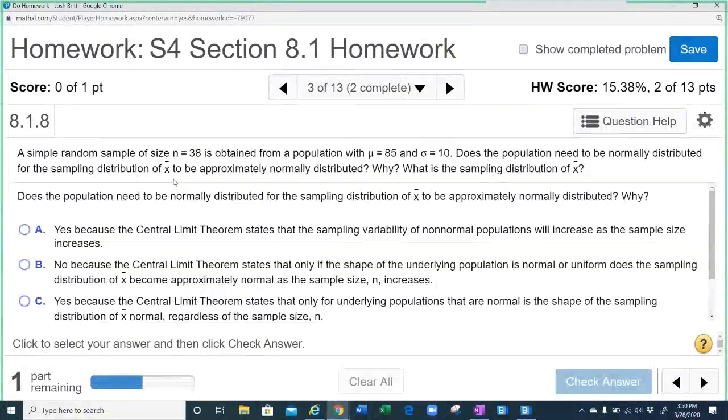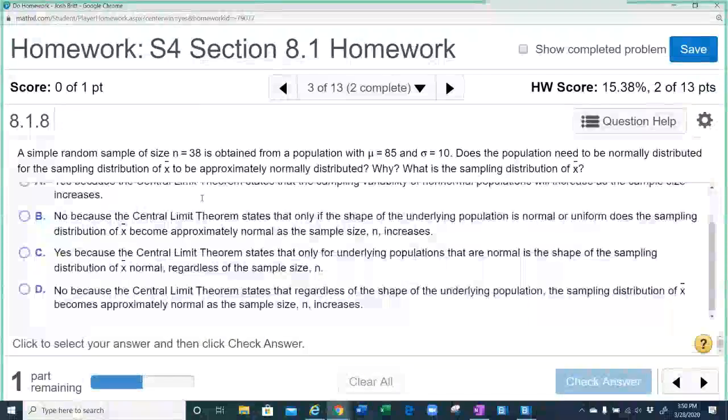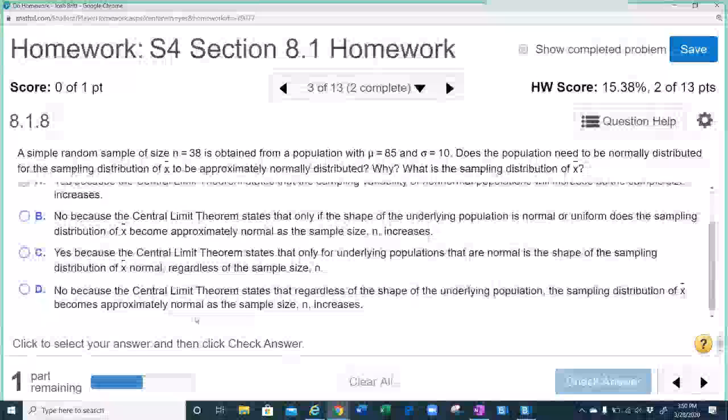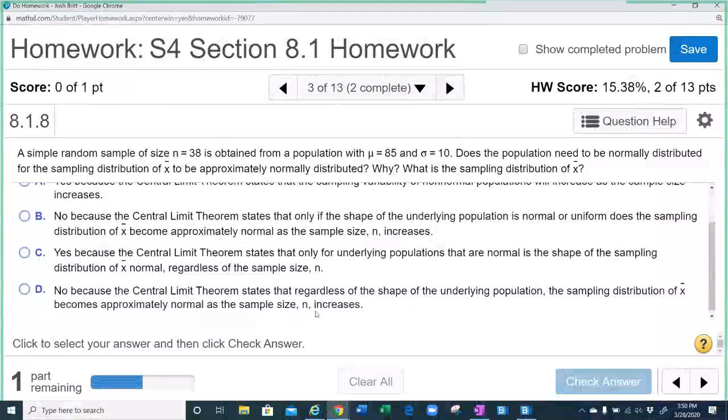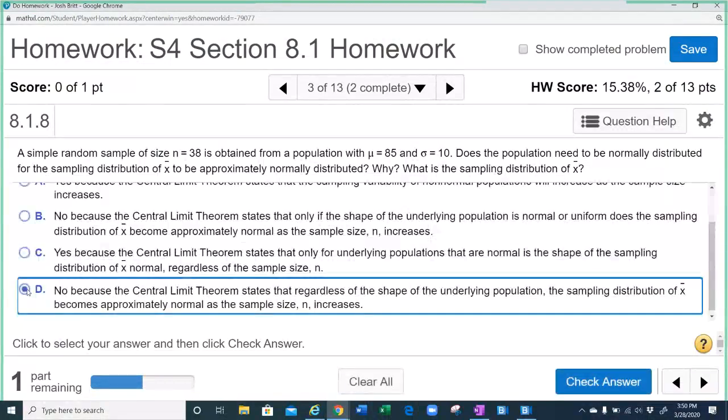So no, the underlying distribution does not have to be normal. The central limit theorem states that regardless of the shape of the underlying population, the sampling distribution of x bar becomes approximately normal as the sample size n increases. So this is the one you're going to go with for this question.